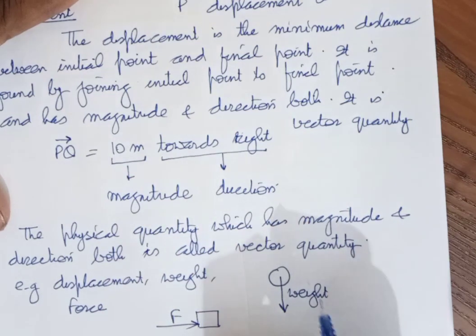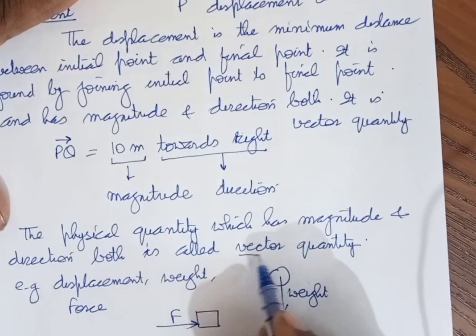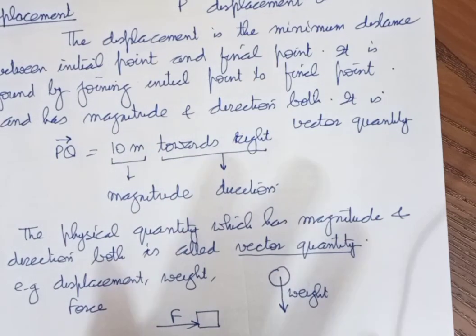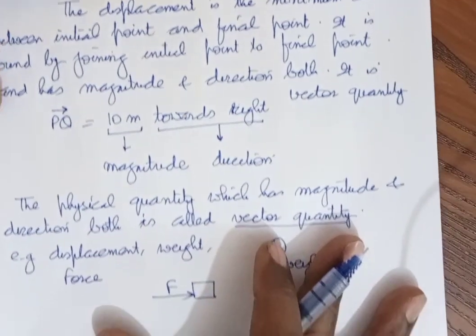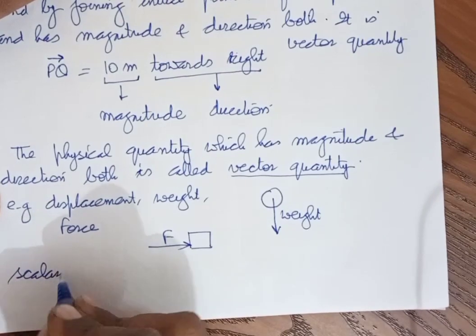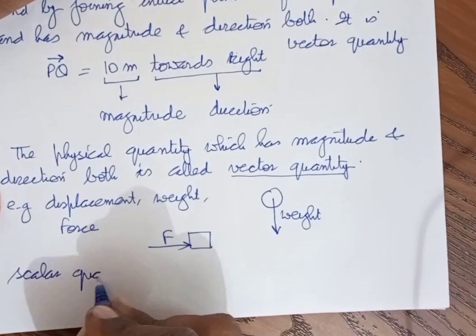And the other quantity is known as a scalar quantity. A scalar quantity has no direction. What is a scalar quantity? It has magnitude only.